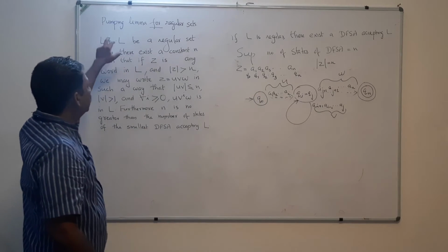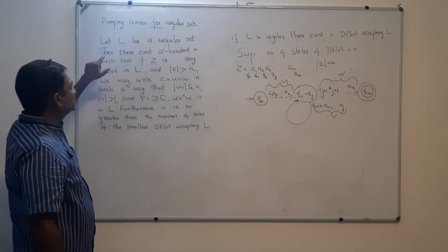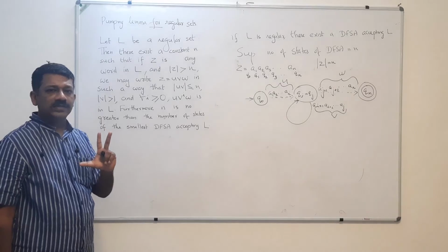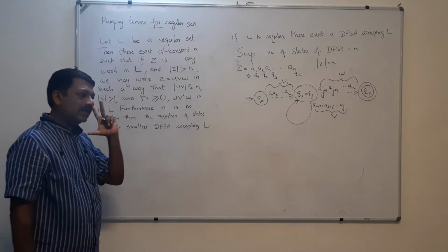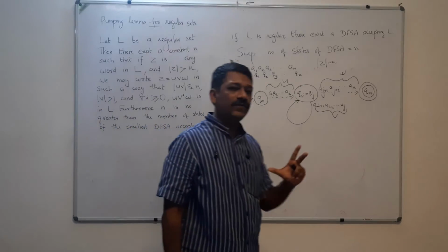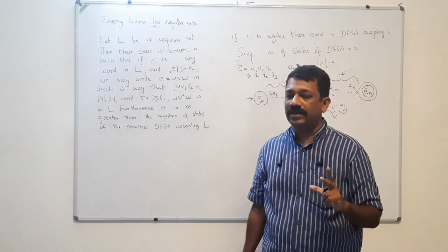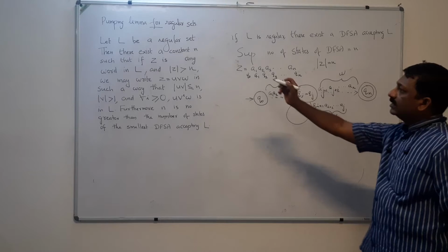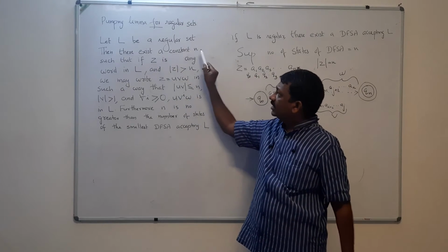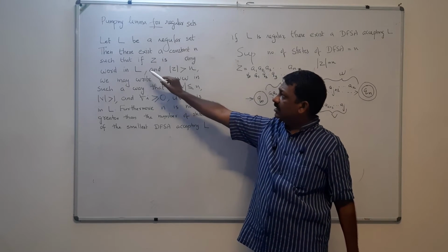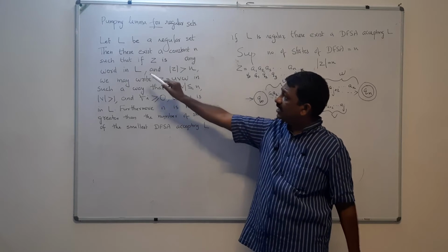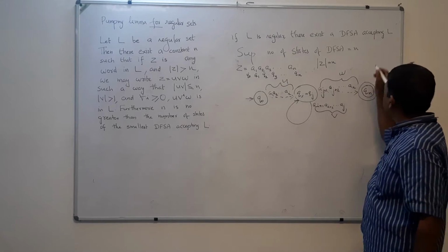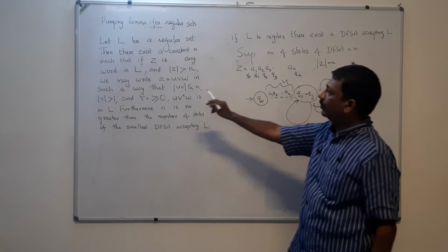Now come back to our pumping lemma for regular sets. Let L be a regular set. That means a language is said to be regular if it is accepted by some deterministic finite automaton. Then there exists a constant n such that if z is any word in L, then z is equal to UVW.